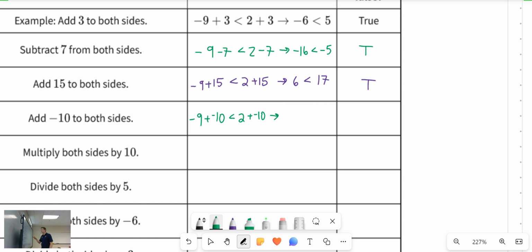All right. -9 plus -10 is -19. Is less than, what's 2 plus -10? 2 plus -10 is -8. Is -19 less than -8? It is, so that is still true. That's good.